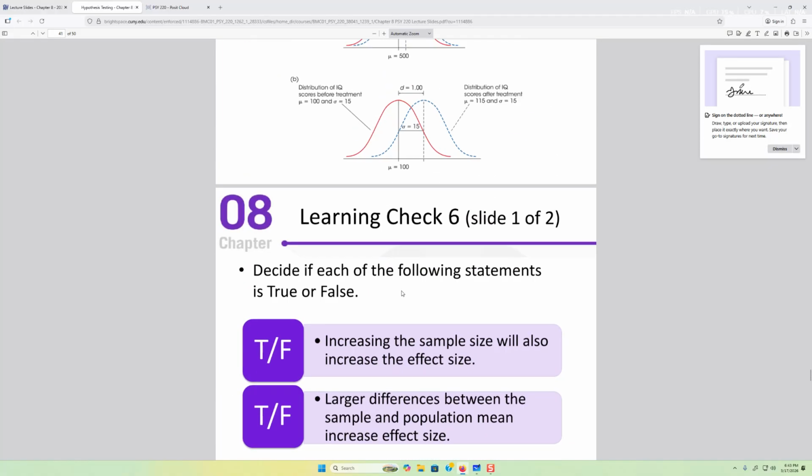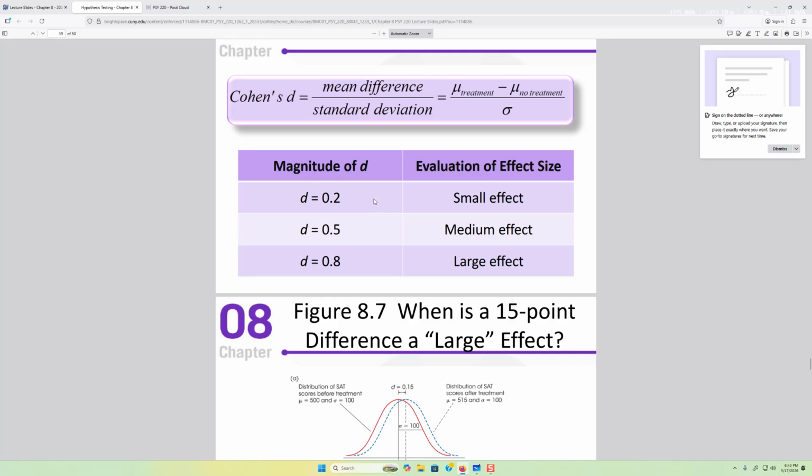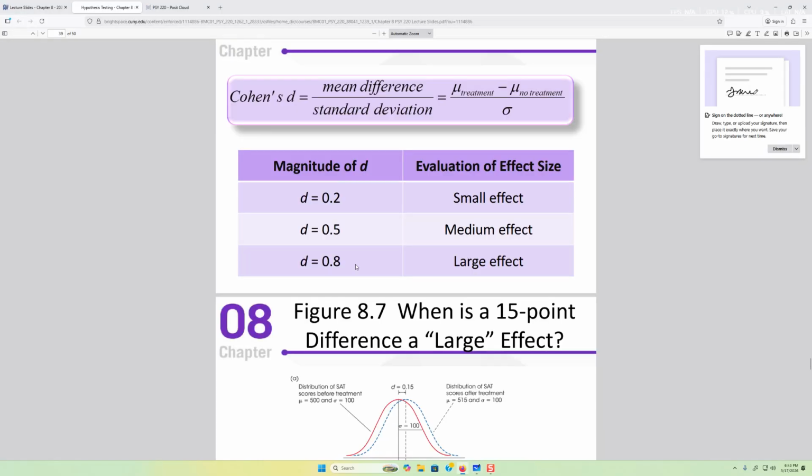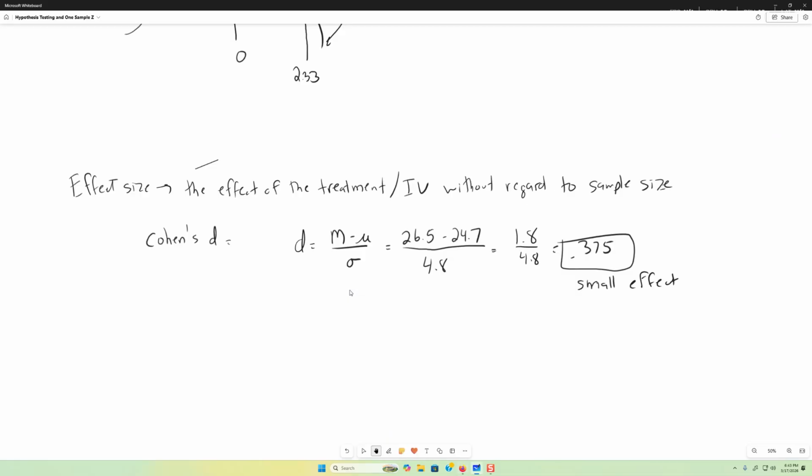Magnitude of d: 0.2 is small, 0.5 is medium, 0.8 is large. We're at about 0.4, so we're between small and medium. I would still consider it a small effect size. That table is a good reference. 0.2 small, anything less than that too, 0.5 medium, 0.8 large. And that gives you a measure of effect size.